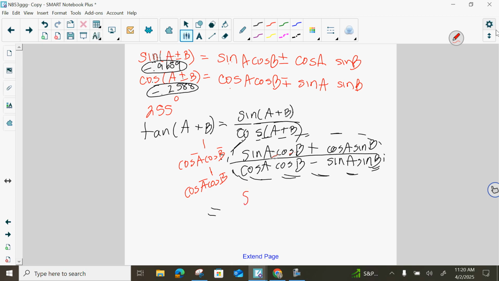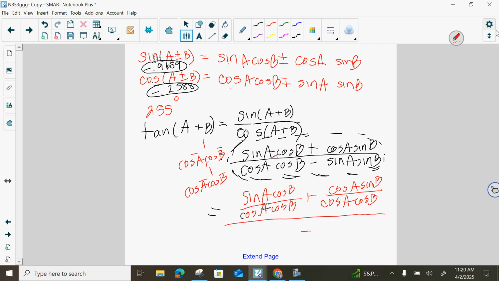I'm going to get sine A cosine B over what Connor just gave me, plus cosine A sine B over that same thing. And then I'm going to do it 2 more times. Cosine A cosine B over this. And then sine A sine B over the cosines.